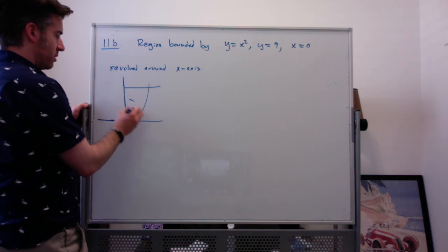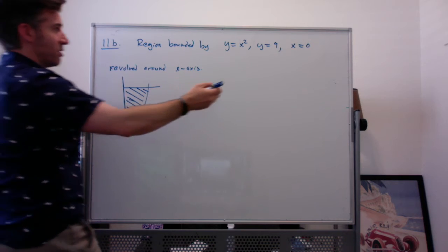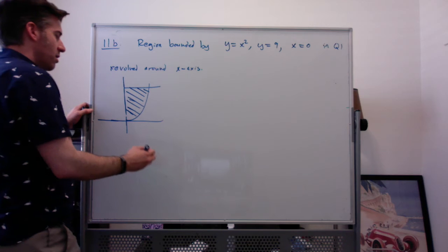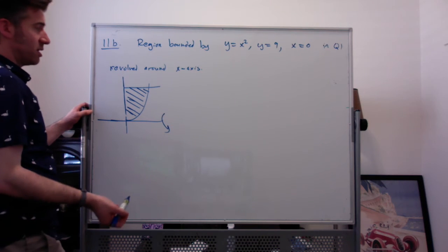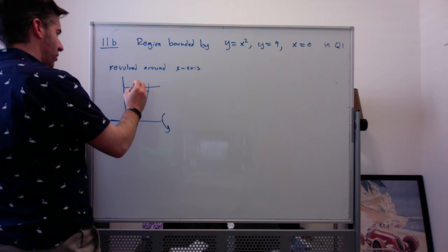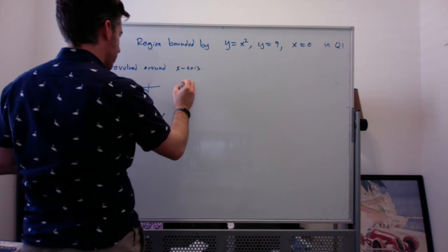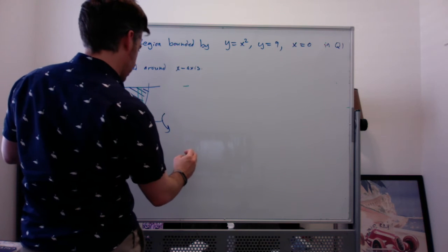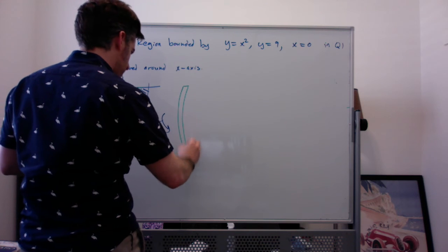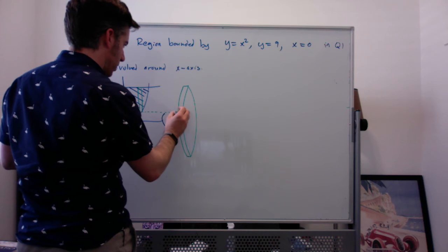So I've got this region here, bounded by y equals x squared, y equals 9, x equals 0, in quadrant 1. We're going around the x-axis, and here we're going to have to use the washer method. So our vertical strip, perpendicular to the axis of rotation, when we revolve it around, we get this washer, and this part here is cut out.